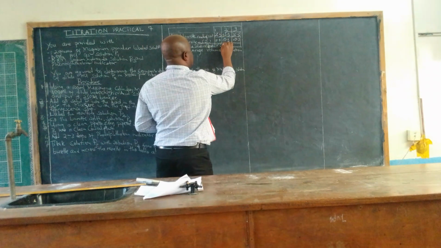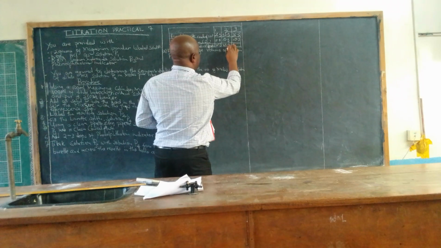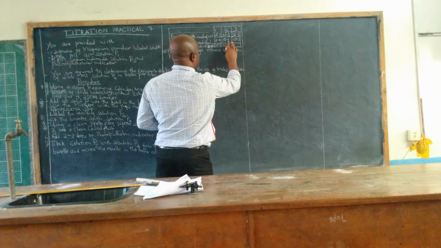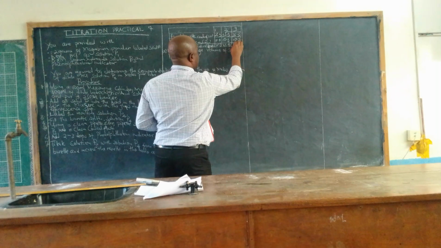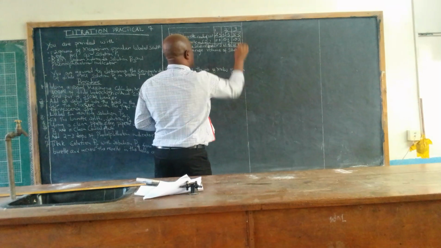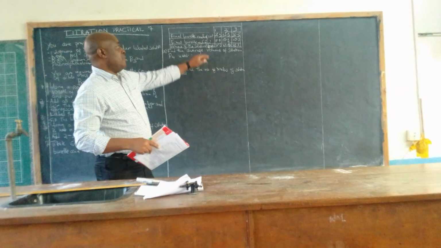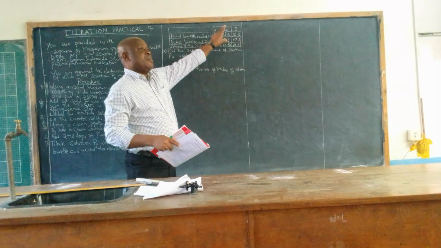Then here it's 25.3, 25.0, and then here it's 25.0. Make sure, as usual, you maintain the laws of titration, that the table is tabulated to one decimal point.